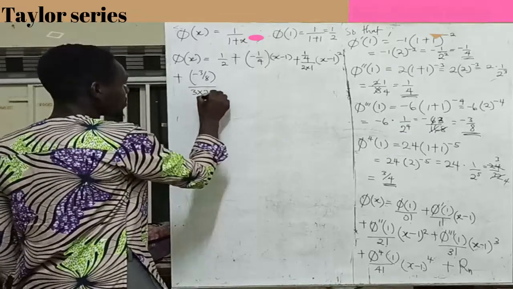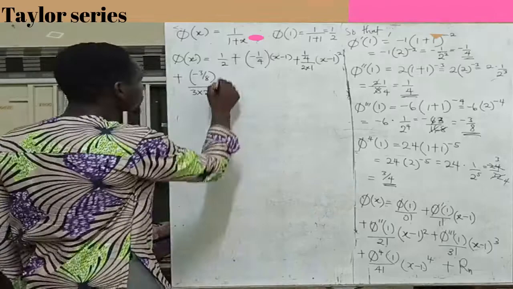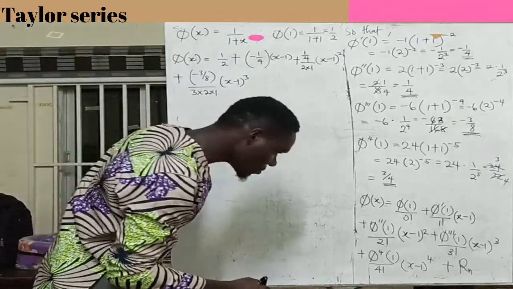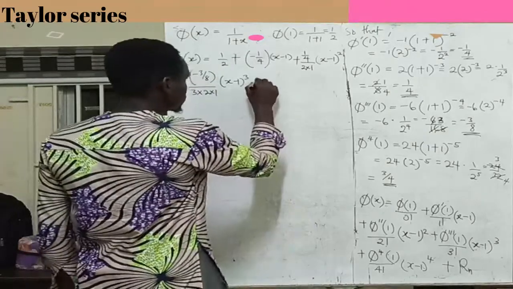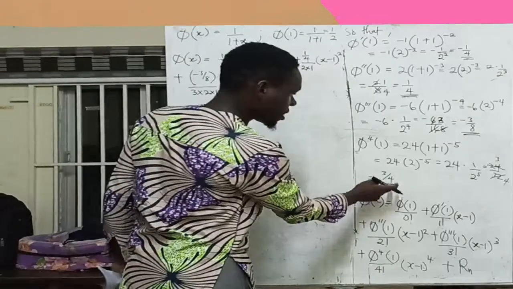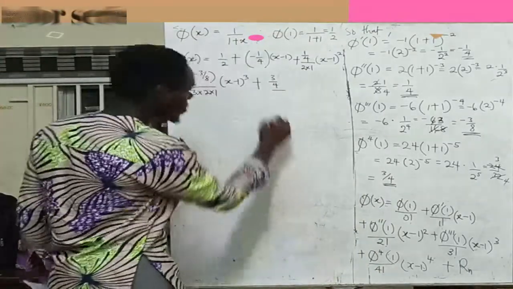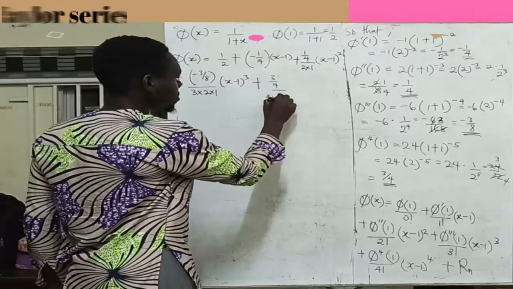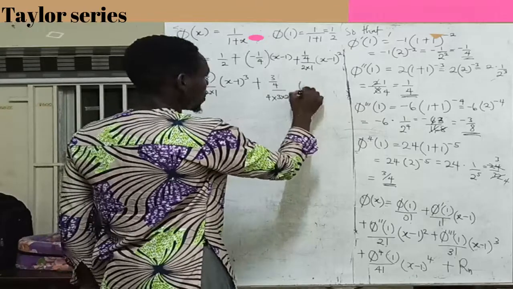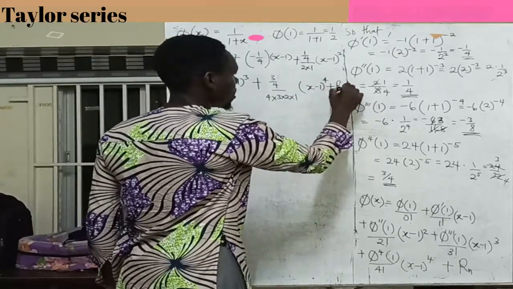We have this, then this is the power of 3, and lastly plus this from here is 3 over 4 over 4 times 3 times 2 times 1. We have x minus 1 to the power of 4 plus a remainder term.